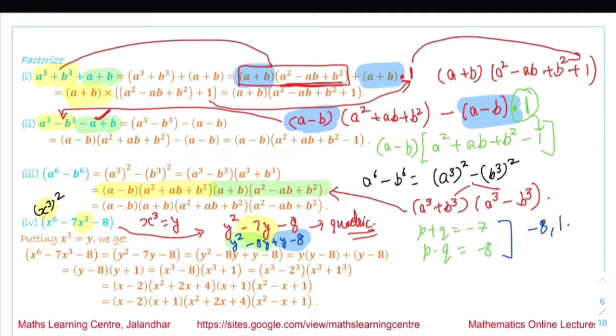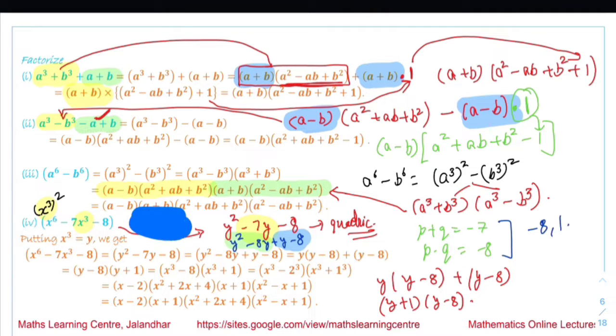So the answer you will get, y is common. So you will get y minus 8 then plus y minus 8. So it is y plus 1 into y minus 8. Now what substitution we had made in the beginning? It is y is equal to x cube. So we put this value over here and we get the answer. It is x cube plus 1 into x cube minus 8.